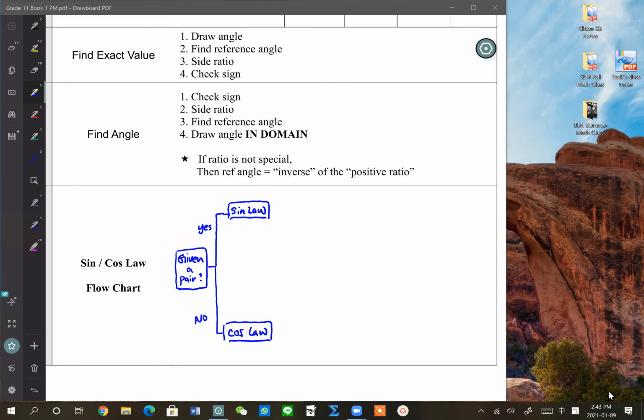So the first question is to check, do you have a pair or not? Once you know you have a pair, you need to ask the second question. Are we given an S? If the answer is no, we don't have an S, then your triangle is unique.